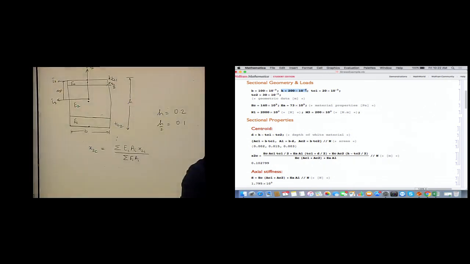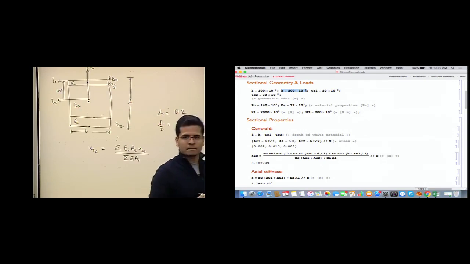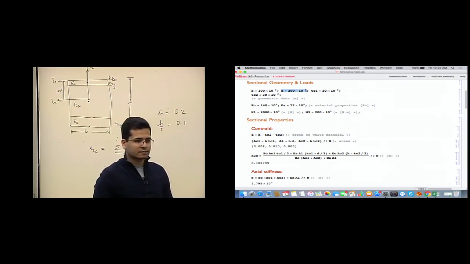So it's not exactly at the geometric centroid of the section. This value is for the sectional centroid, which incorporates material properties. Any questions?